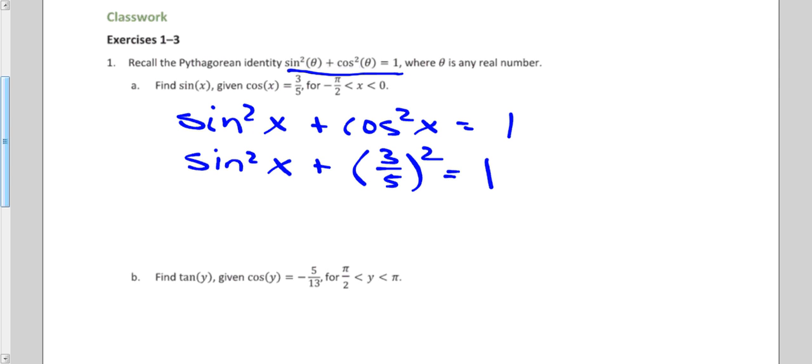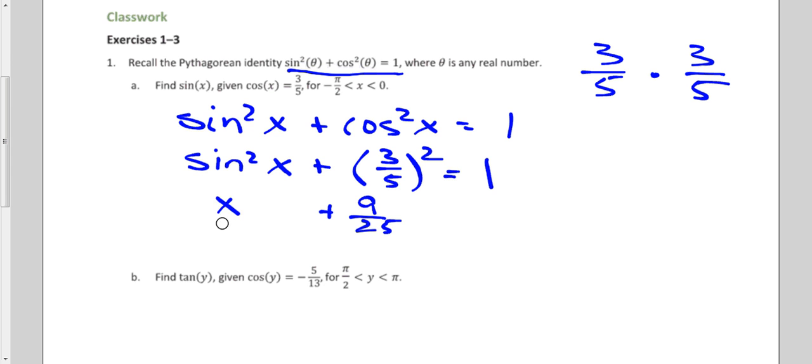What do I get when I square 3/5? 3/5 times 3/5. 3 times 3 is 9. 9 over 25. And that equals sine squared x.